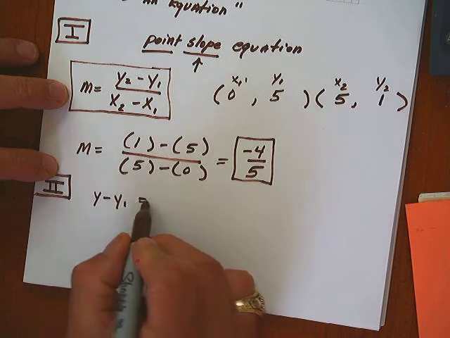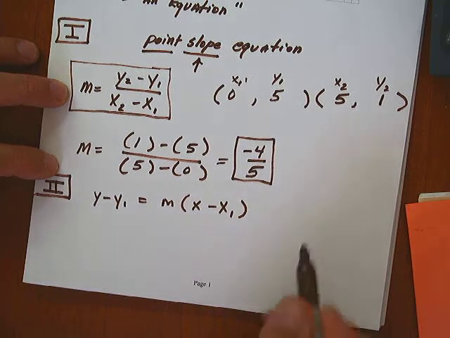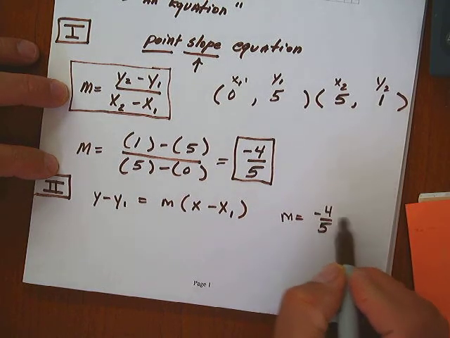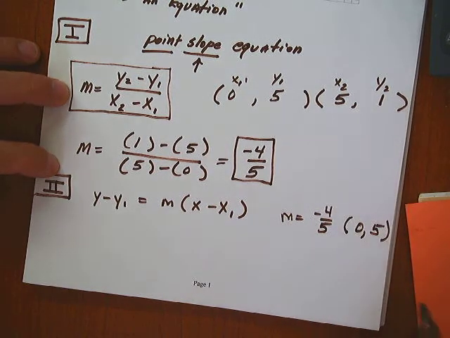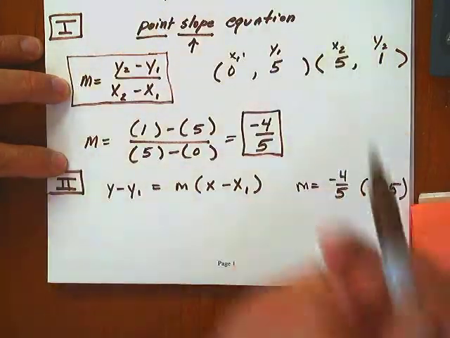So anyway, y minus y sub 1 is equal to m times x minus x sub 1. And we're going to use it with slope equals negative 4/5 and a point of 0, 5. Now, you could have picked any point, but I picked 0, 5 because it's smaller numbers. The next point I would pick would be 5, 1.